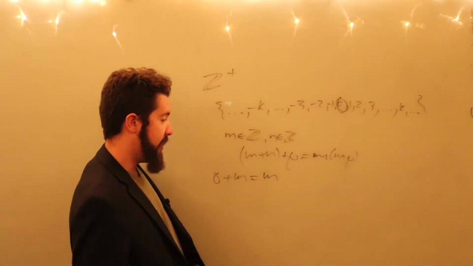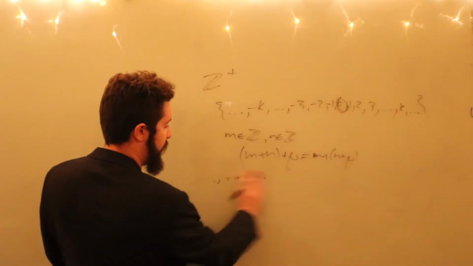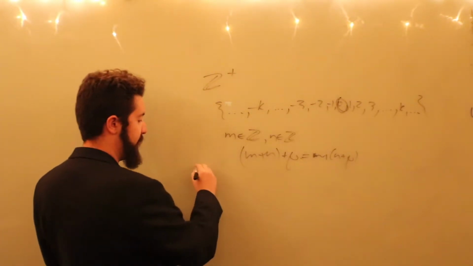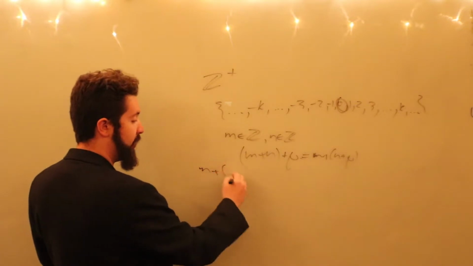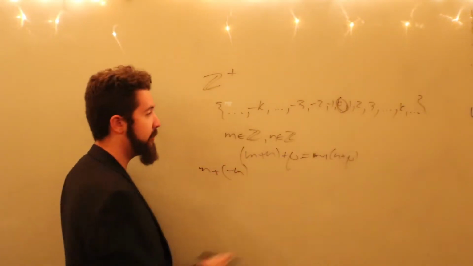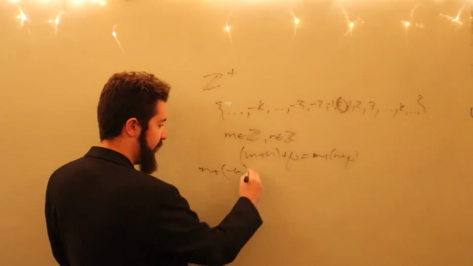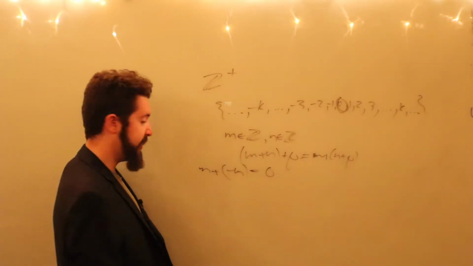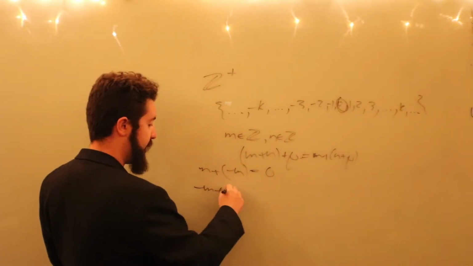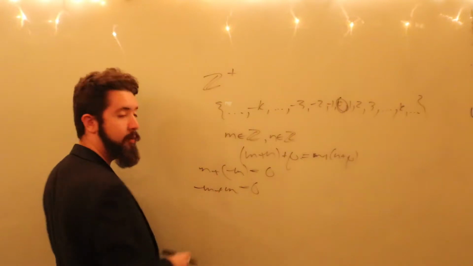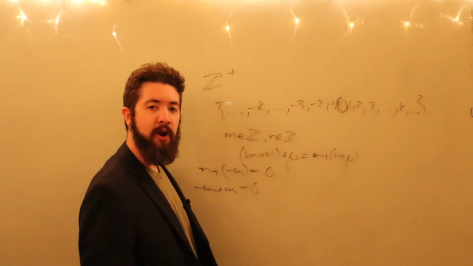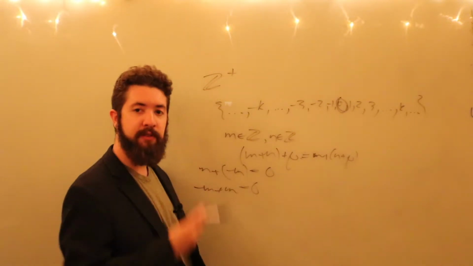We're also going to have inverses. So if I have an integer m, m plus negative m is going to be equal to 0, our identity. And likewise, negative m plus m is 0. So we have inverses. All right, so it's closed. It satisfies the three group axioms.